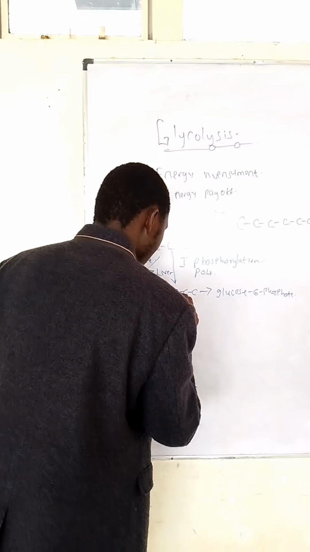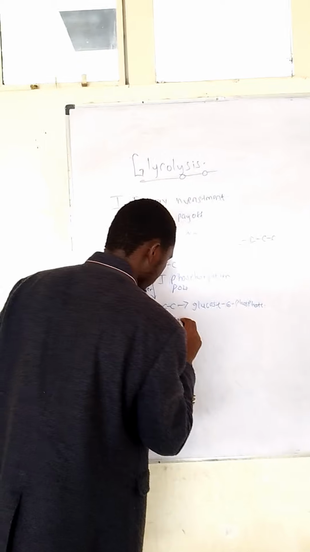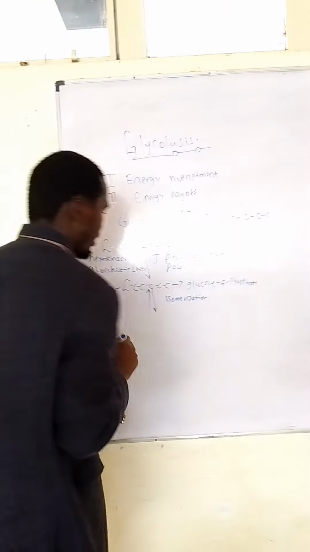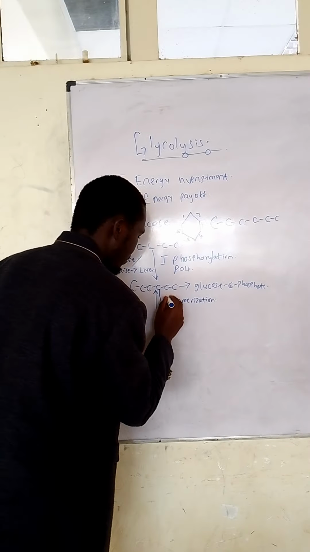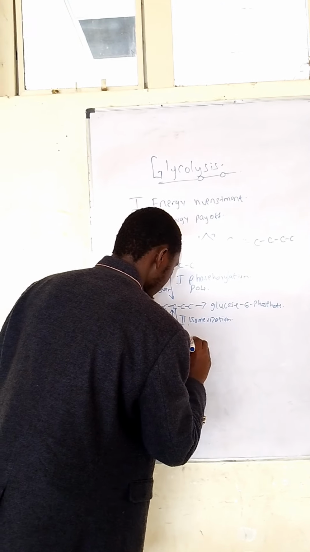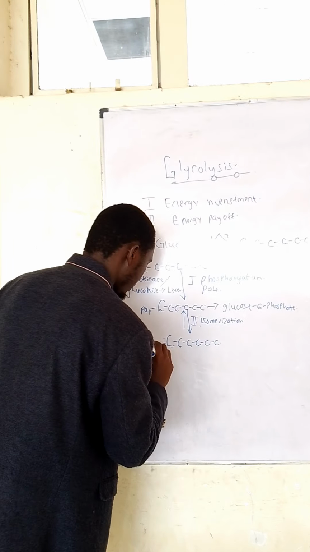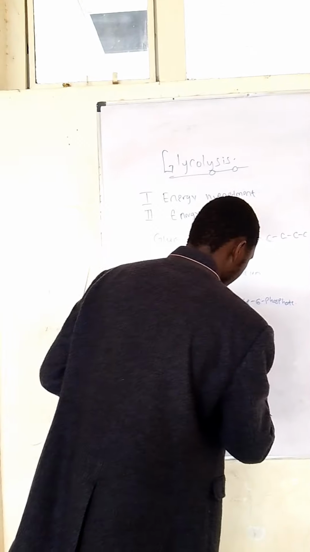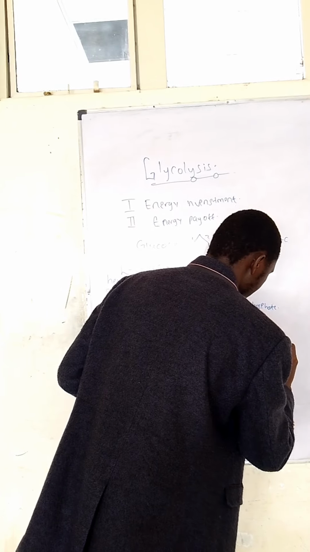So the second step is called the isomerization. In the isomerization, an isomer of glucose is formed. And this isomer of glucose is called fructose 6-phosphate.